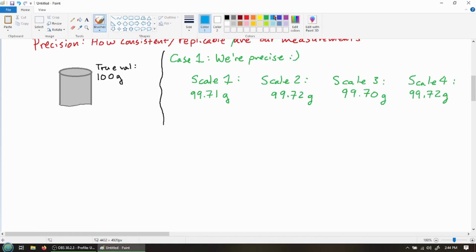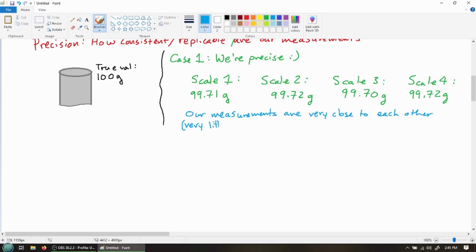What we take from this is because our measurements are very similar to each other, in fact, instead of saying similar, I'm going to say very close. And in parentheses here, I'm going to say very little average error.